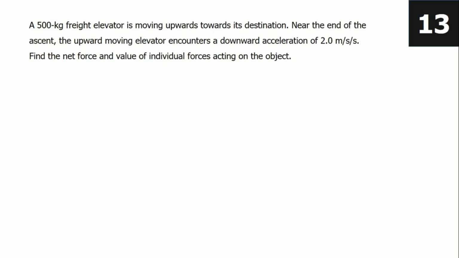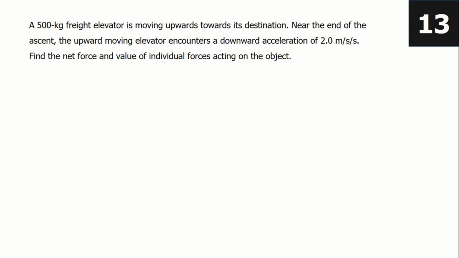On item number 13, we have an elevator. So that means we're expecting tension here. A 5 kilogram freight elevator is moving upwards towards its destination. Near the end of the ascent, the upward moving elevator encounters a downward acceleration.